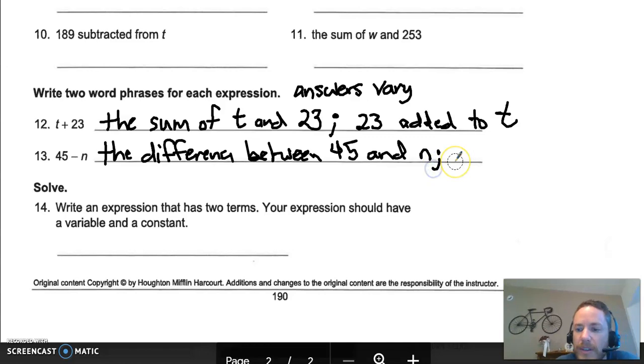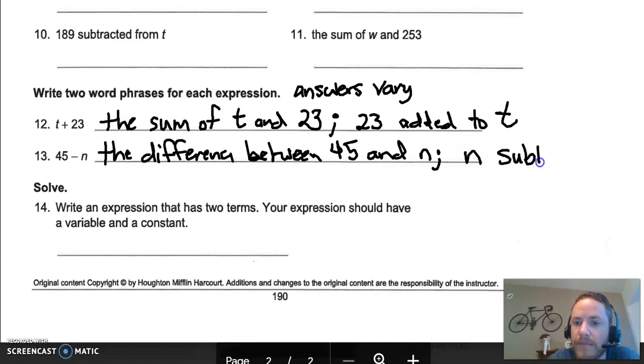And then my second one is going to be that tricky one. It's going to be the what is being subtracted from what. Well, 45 is the greater number. N is being subtracted from 45, so that's what I'm going to say. N subtracted from 45.